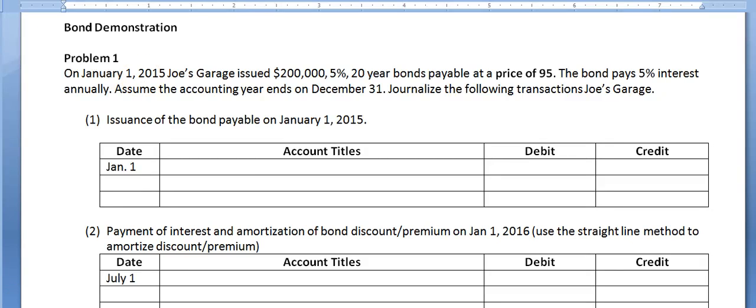So perhaps you sell a $1,000 face value bond at 97 or 97%, which is $970. You collect $970, but you have to pay back $1,000 when the bond becomes due, which is at maturity. The bondholder gets the extra $30.